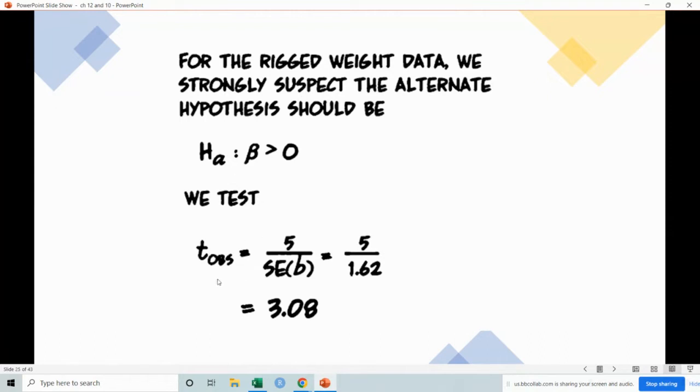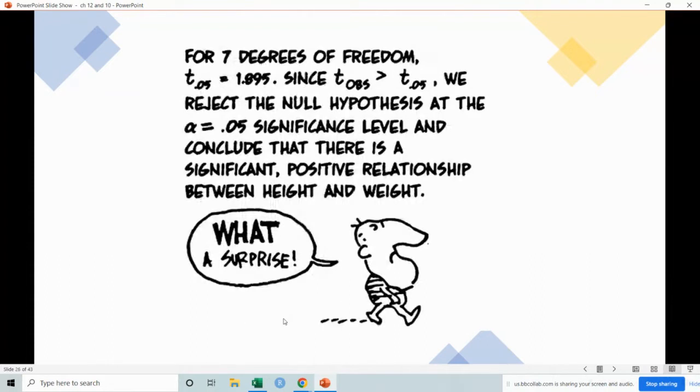So we test that. T observed: we have 5 divided by 1.62 standard error, we get 3.08. For 7 degrees of freedom, t.05 equals 1.895. Since the t observed is greater than t.05, we reject the null hypothesis at the alpha equals 0.05 significance level. We conclude that there is a significant positive relationship between height and weight.